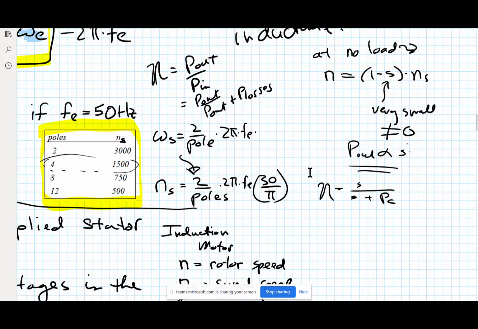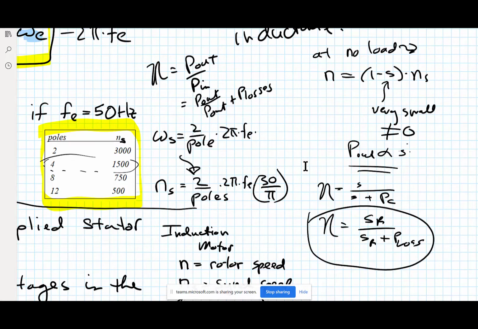If you ever want to find efficiency and really have it be meaningful, you find efficiency at the maximum load you can operate. That would be the highest slip, steady state slip. So that you would actually get the best efficiency, because it's like you have N slip rated plus the total losses.